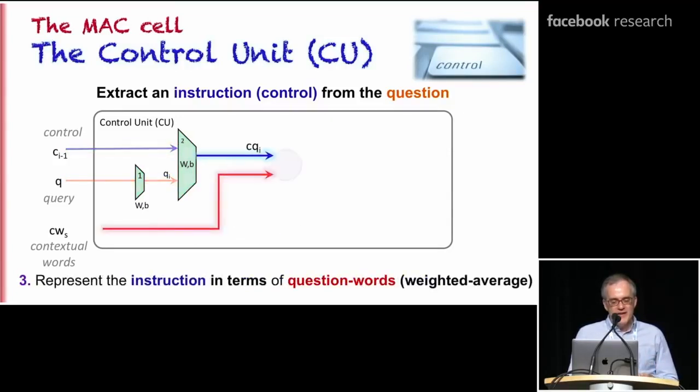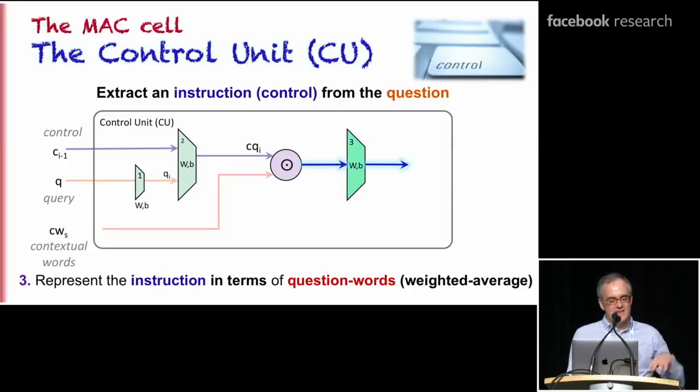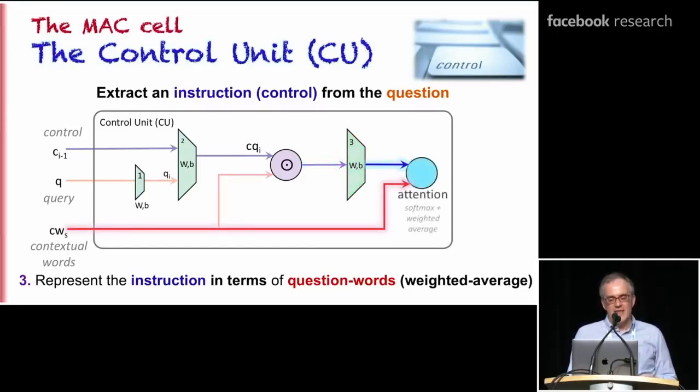And then at that point, it uses a particular architecture which we both thought would be very useful for interpretability and proved to be very successful performance-wise, which is our calculated representation, CQI here, is projected down onto the actual words of the query. And the way that's done is in the standard kind of attention way. So we put an attention distribution over the words of the query, and then we calculate a weighted average of those words.